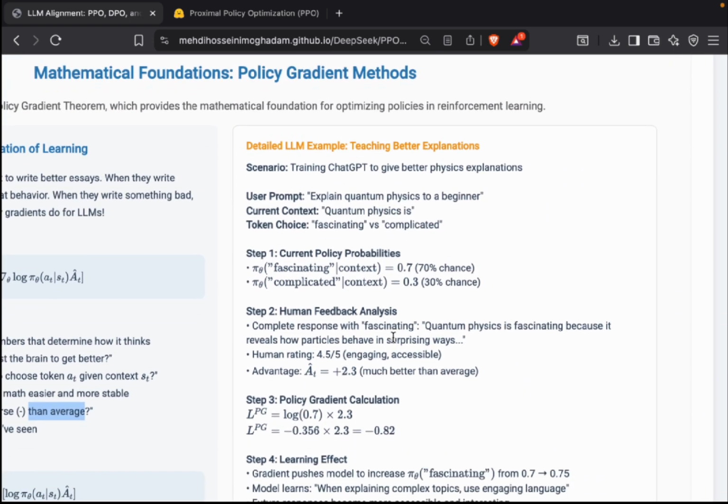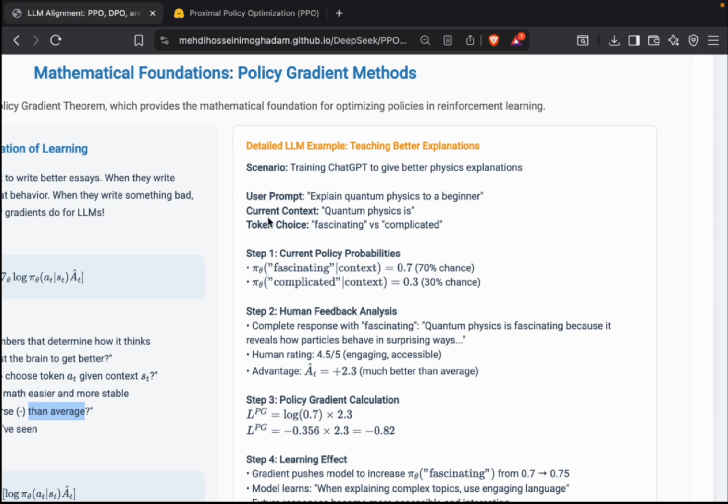And just a quick example again, which is, as I said, a high-level overview. Imagine a scenario where we have ChatGPT and try to train it to better understand physics explanations. The user prompt would be something like: explain quantum physics to a beginner.